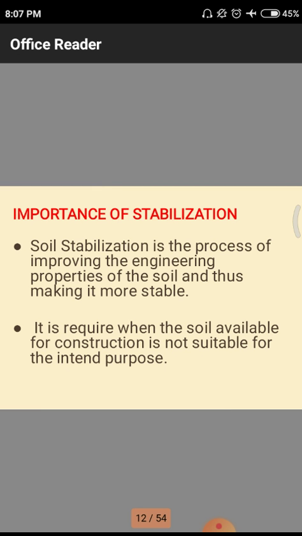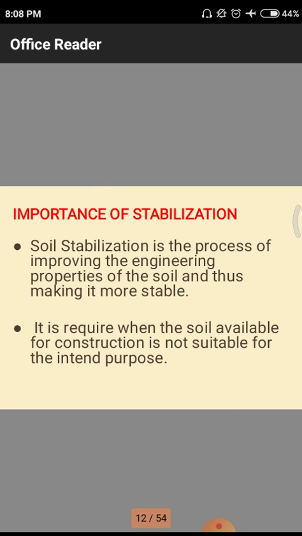Stabilization is required when the soil available for the construction is not suitable for the intended purpose. That means the engineering properties of the soil are very weak compared to a normal soil.